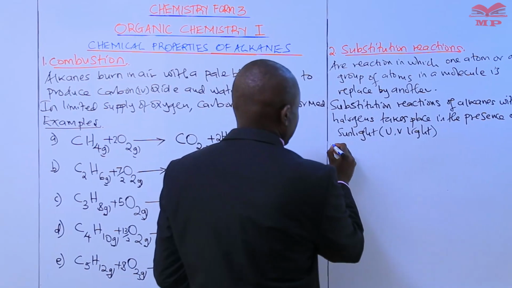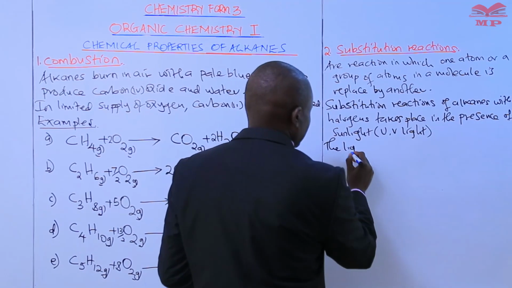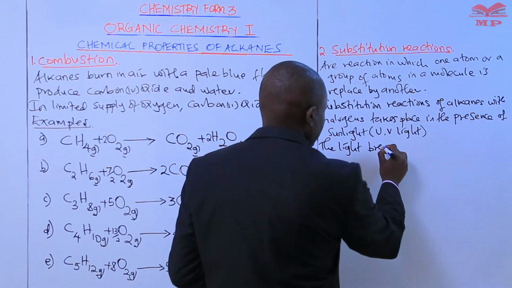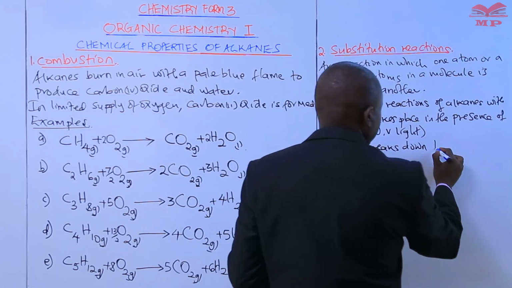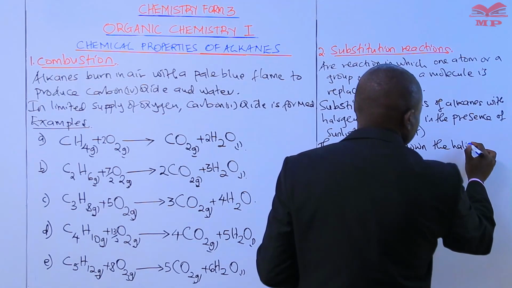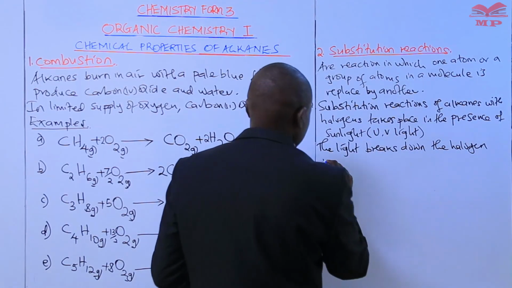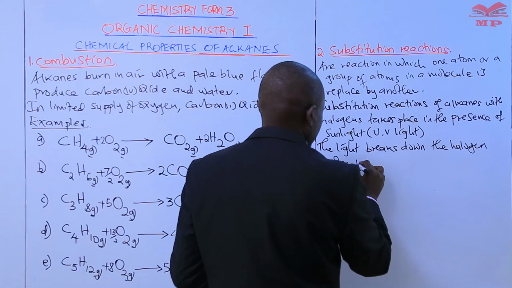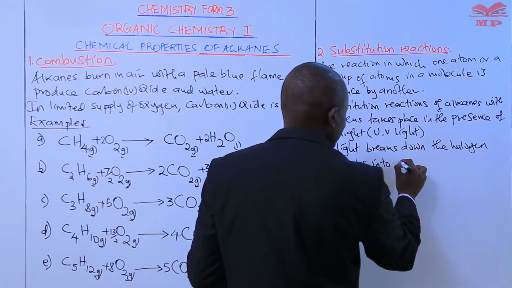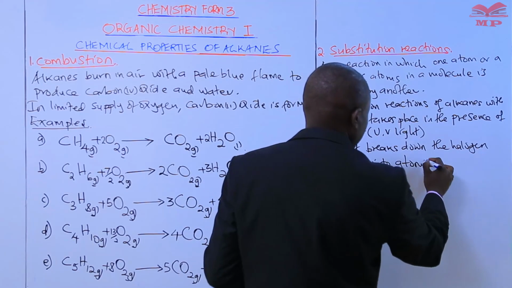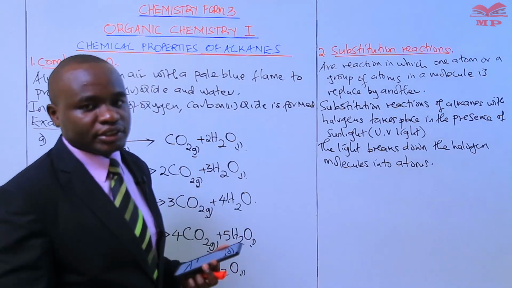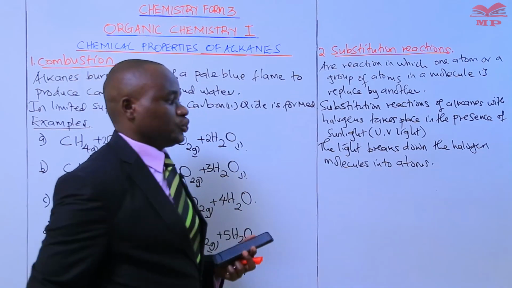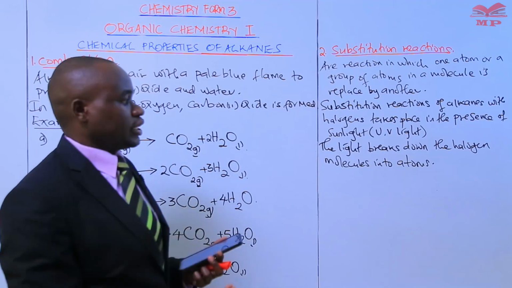So the light breaks down the halogen molecules into atoms. So it means in the absence of light, no substitution reaction can take place in alkanes.